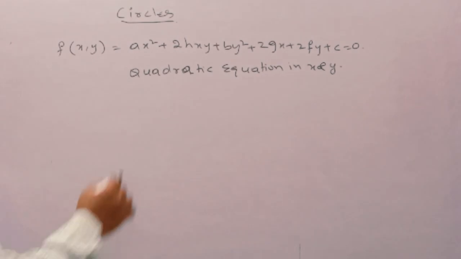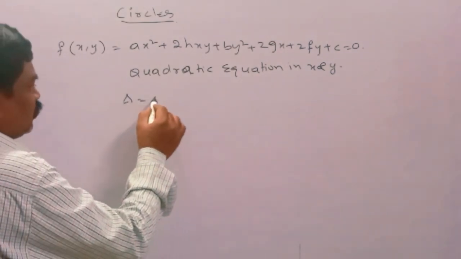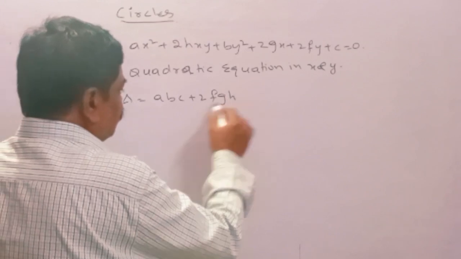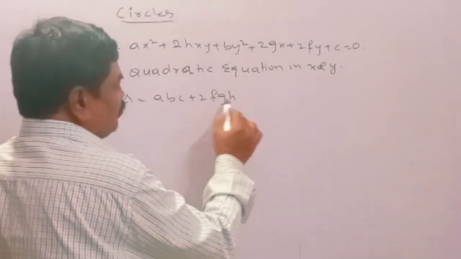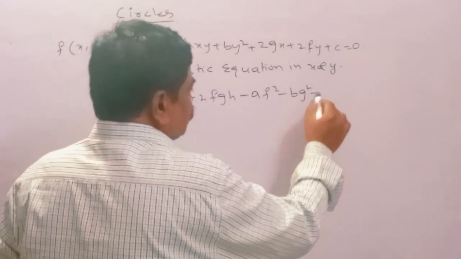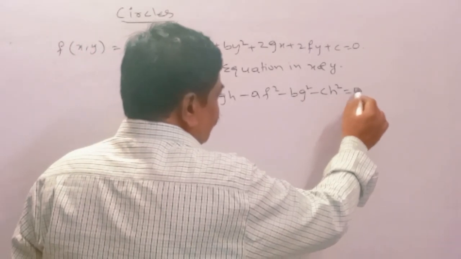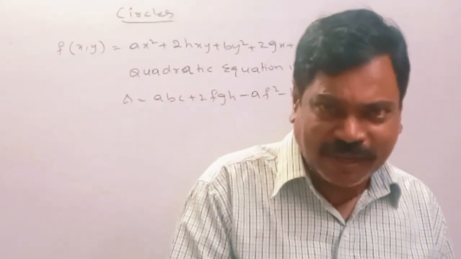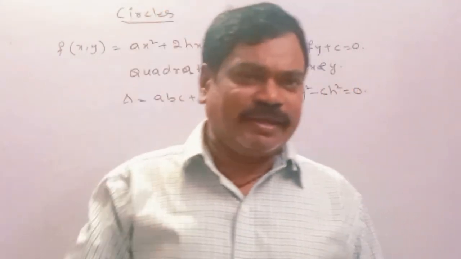Here, if delta is equal to abc plus 2fgh minus af square minus bg square minus ch square is equal to 0, it represents a pair of straight lines.